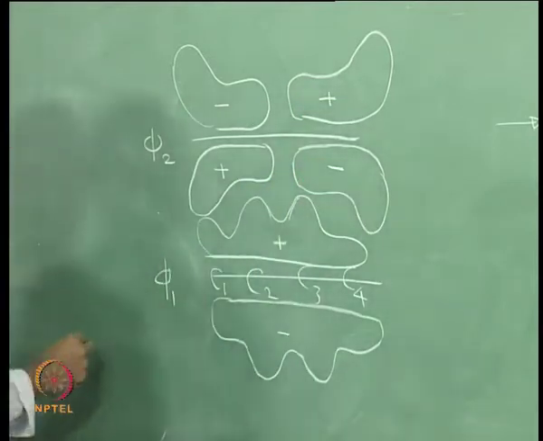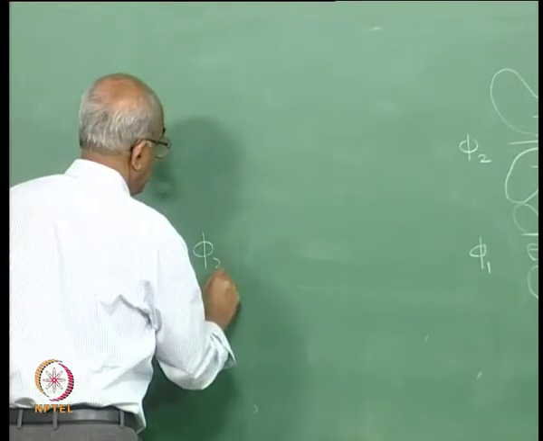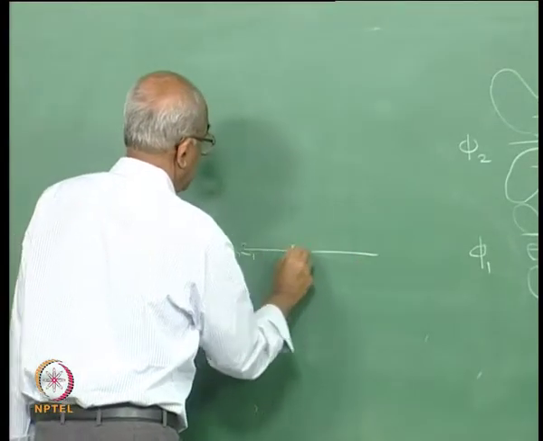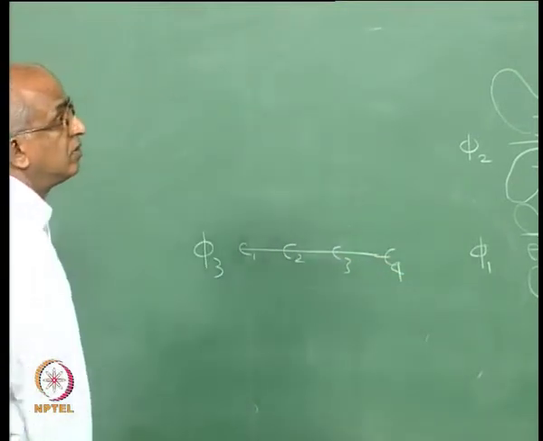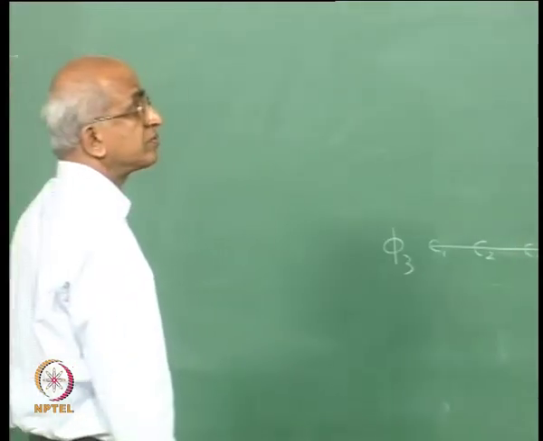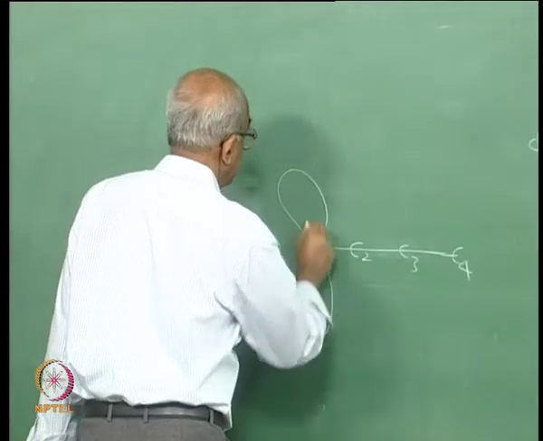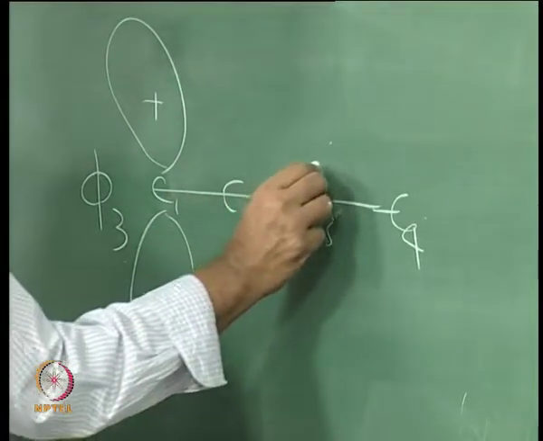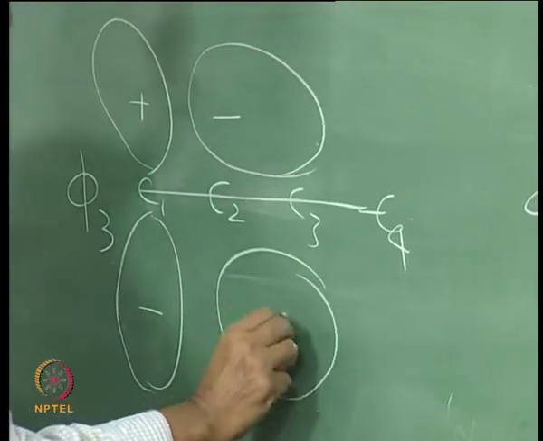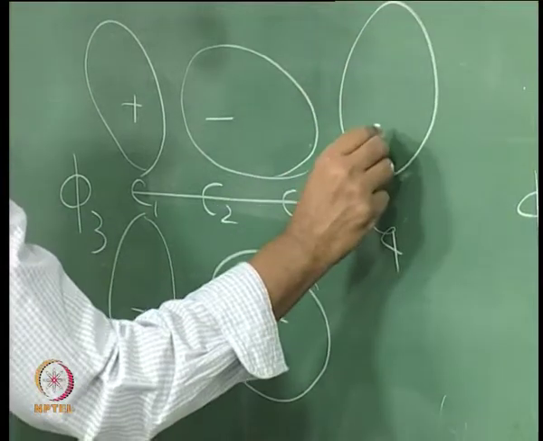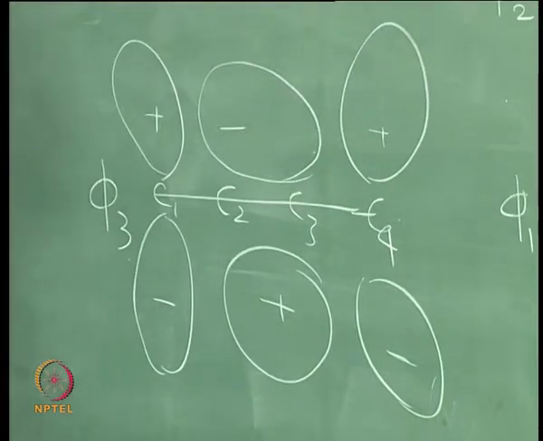So, that is phi 2, then phi 3, so this is phi 3.